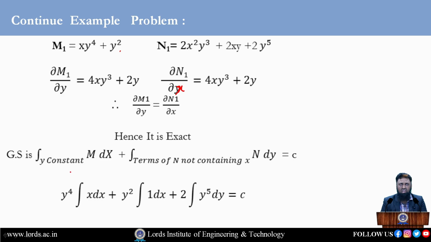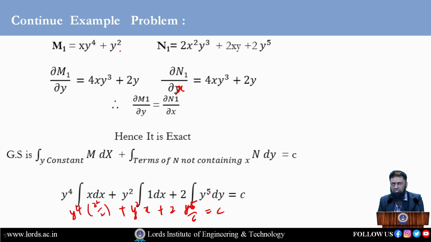Integration of m dx, where y is a constant, plus integration of the terms of n not containing x, dy. So you get y power 4 integration of x dx plus y square into integration of 1 dx plus 2 into integration of y power 5 dy equal to c. Now by the formula, y power 4 times integration of x is x square by 2, plus y square times integration of 1 is x, plus 2 times integration of y power 5 is y power 6 by 6, equal to constant c.